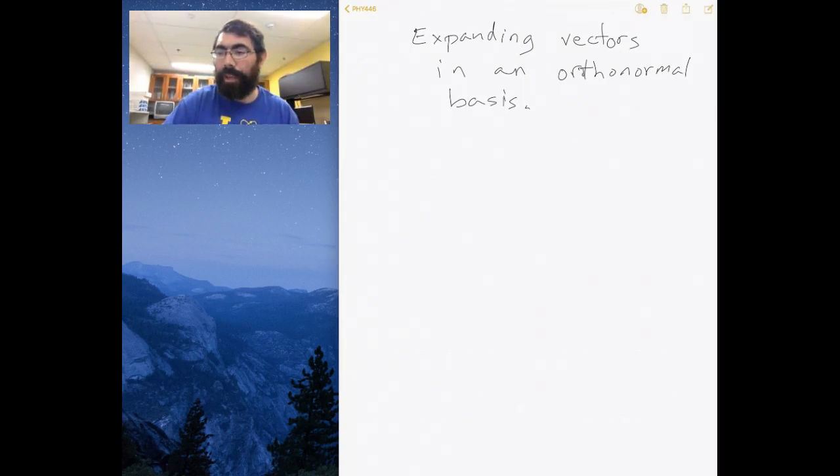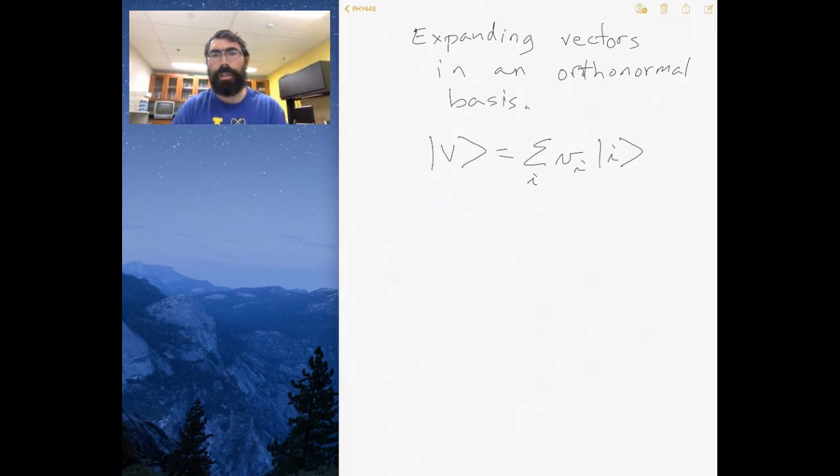So basically, if we have a vector v and it's made up of these components, vi, in some basis I, so we've defined v in terms of its own unique basis I. Then I always ask, how am I going to find the projection of one of those components in terms of the orthonormal basis that I've come up with?